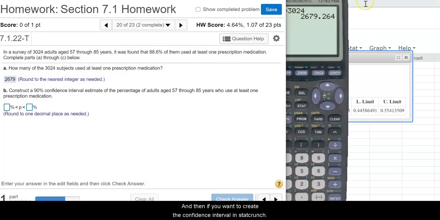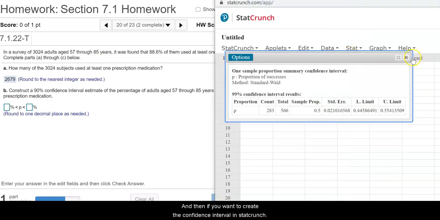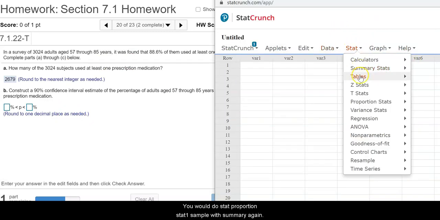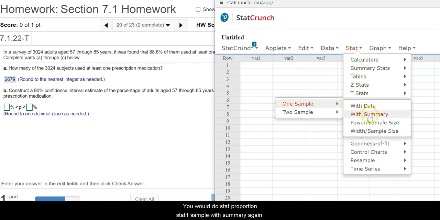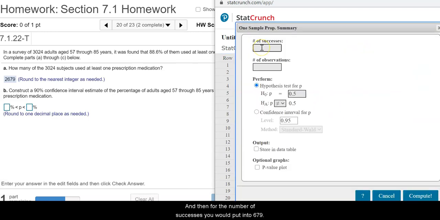And then if you want to create the confidence interval in StatCrunch, you would do Stat, Proportion Stat, One Sample, With Summary again. And then for the number of successes, you would put in 2679, and the number of observations is 3024. Then you just need to click on confidence interval and change it to 90.